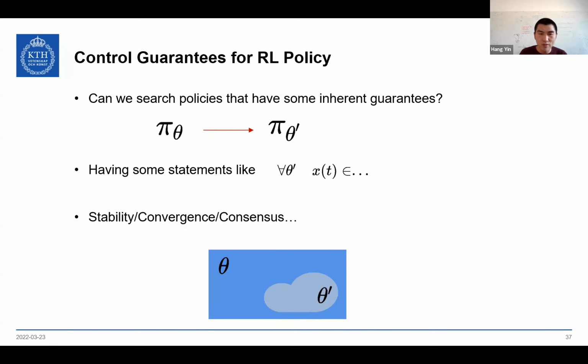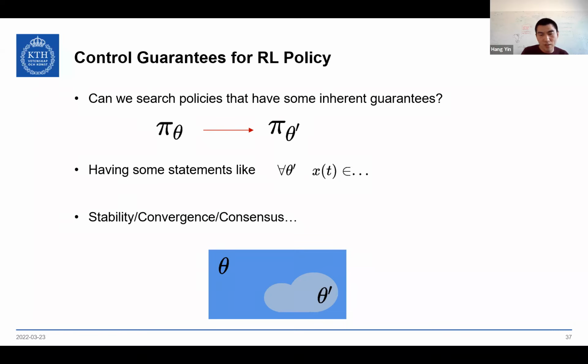So one of the questions is: can we search not just over neural network policies, but over policies with what I'm calling inherent guarantees, meaning the parameters are within some space where all of the policies in this space satisfy some statement about the trajectory?